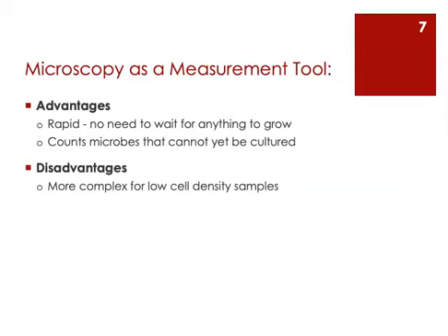One of the biggest disadvantages of using a microscope and direct cell counting is this. A lot of the time when we are doing real-world sample cell counting, we're looking at samples that are going to have a low density of cell number in them.